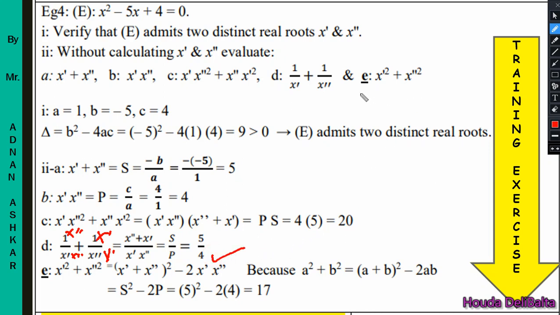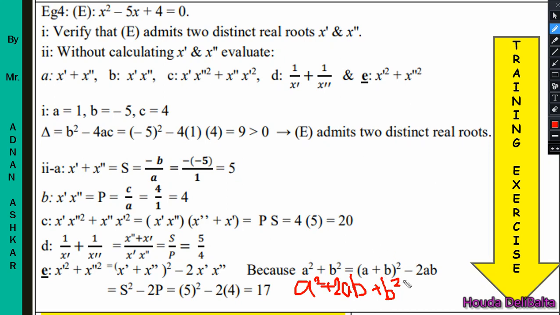And finally comes x prime squared plus x double prime squared. So here we have to remember the identity that says that a squared plus 2ab plus b squared is equal to a plus b, all of it squared.